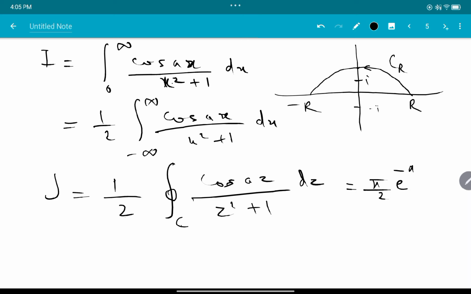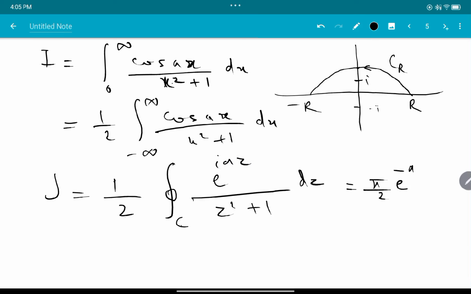Then we broke this into two. Sorry, first of all, we did not convert this into cos. Instead, we considered e raised to I a z.